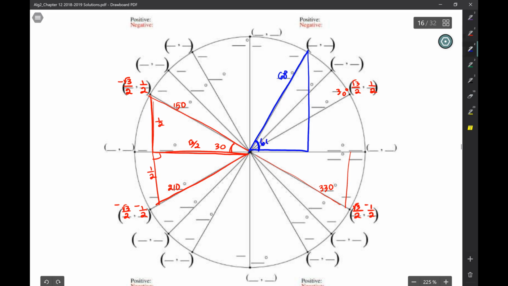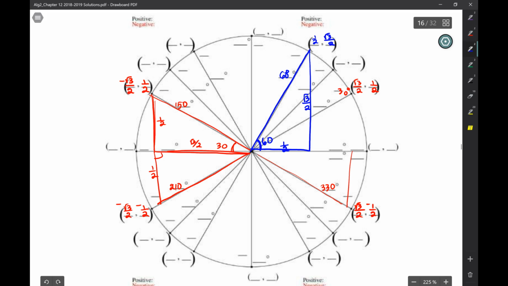This one here is 60, right? Because I went up to 60. So, is the vertical the long side or the short side? Long side. How much is it? Root 3 over 2. And how much is the horizontal? 1/2. So, tell me the coordinates here. 1/2 and root 3 over 2.